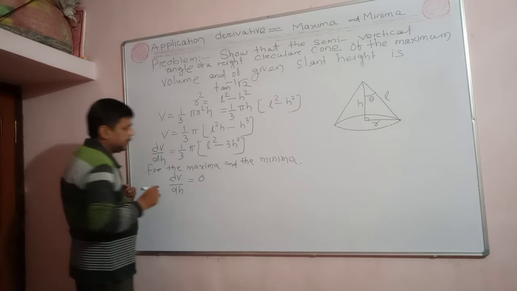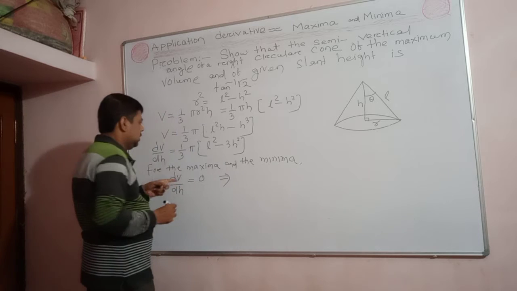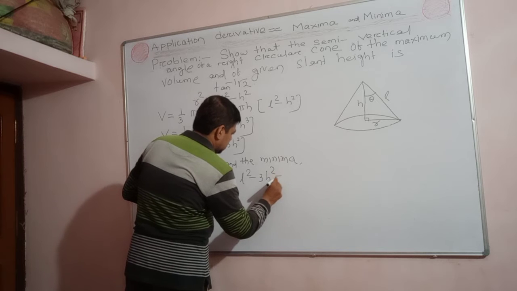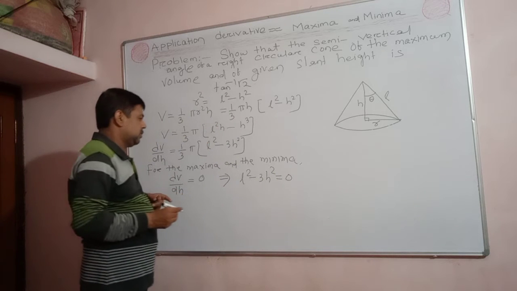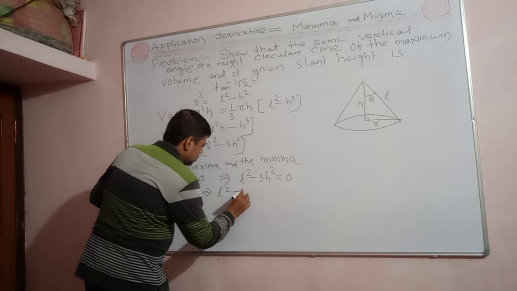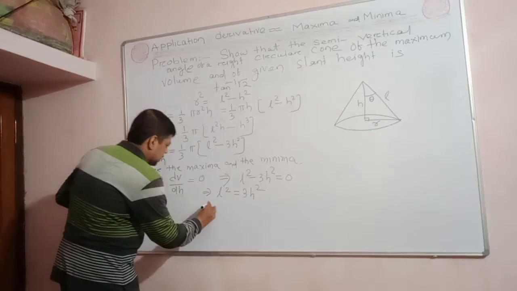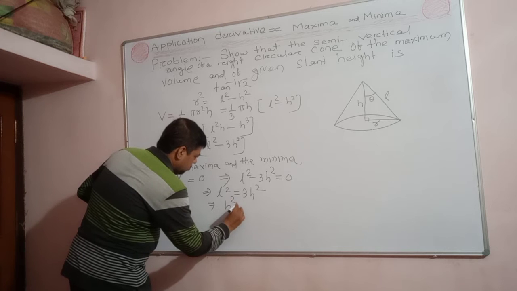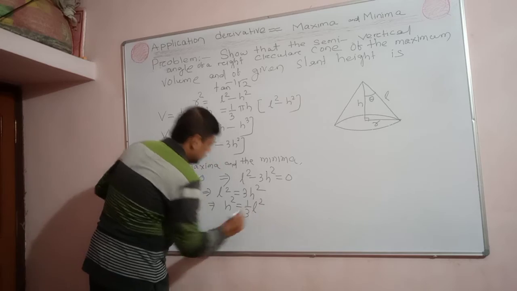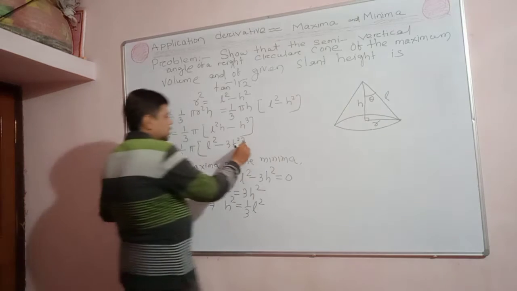Equate the first derivative to zero, so that implies L square minus 3H square will be 0, and that implies L square is equal to 3H square, and H square is equal to 1 by 3 L square, right? Okay. Now this is equation 1.